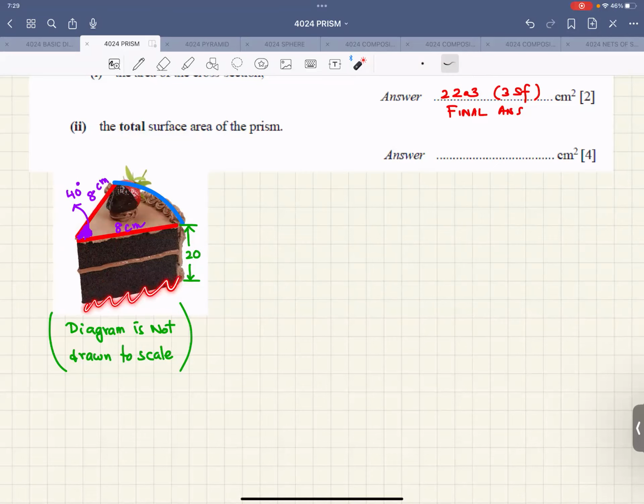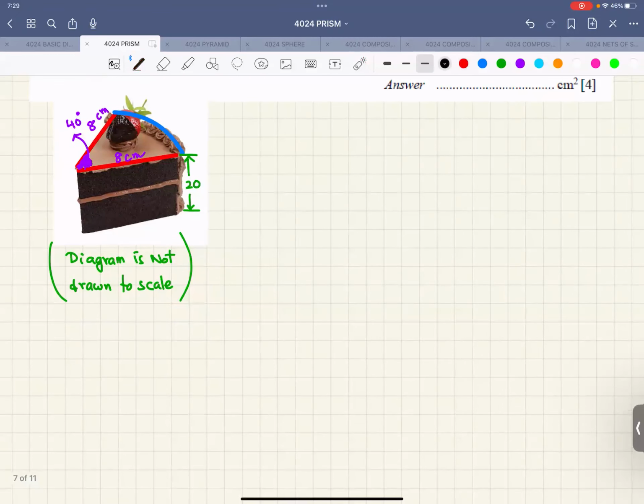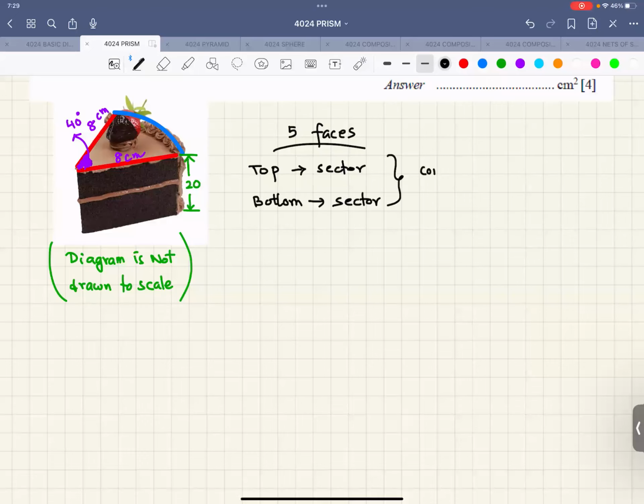The bottom is a sector, and this is curved surface area multiplied by length. So now there are 5 faces of this trapezium. The top is a sector. The bottom is naturally the same sector. This is the common cross section.